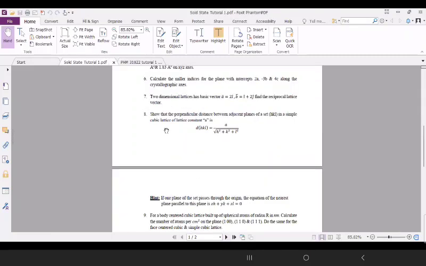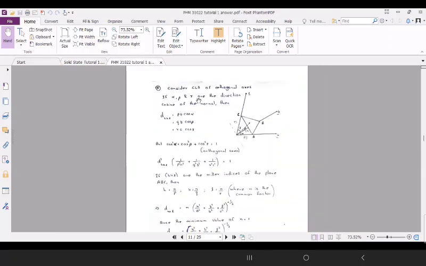So we show that the perpendicular distance between adjacent planes of a set (hkl) in a simple cubic lattice of lattice constant a is given by the following, and you have to prove it. If we are talking about the perpendicular distance between adjacent planes, you can think about the orthogonal axes.